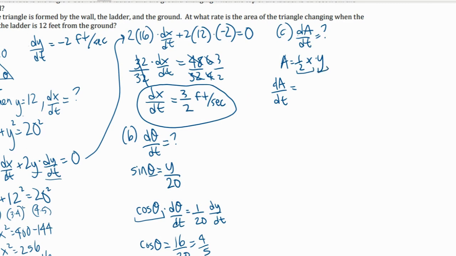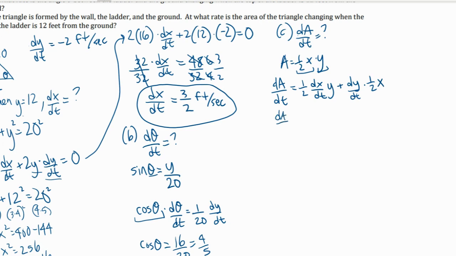So f prime times g plus f times g prime. Oh, I did that totally wrong. The derivative of 1/2 x is 1/2 dx dt. So f prime g plus f g prime. The derivative of y is dy dt times 1/2 x.